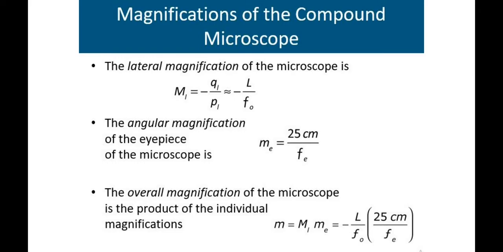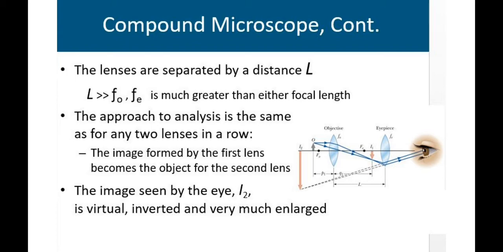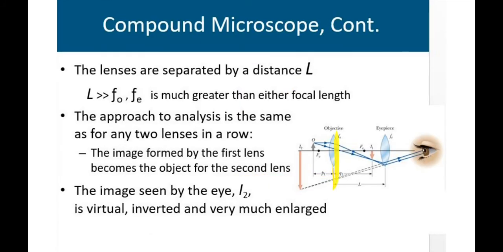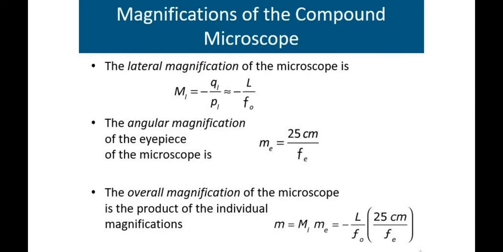The magnification of the microscope can be calculated as the distance L between these 2 lenses divided by F objective, FO. And we can also talk about angular magnification. Angular magnification is calculated as 25 centimeters divided by FE.